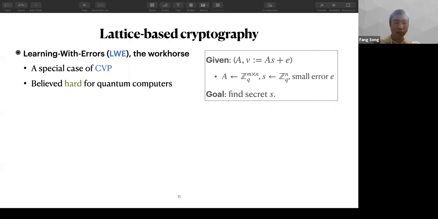And that also explains the name, learning with errors. Okay, so it's been exactly 15 years since the invention of the learning with errors problem. And the community still believes it is hard for quantum computers to solve.